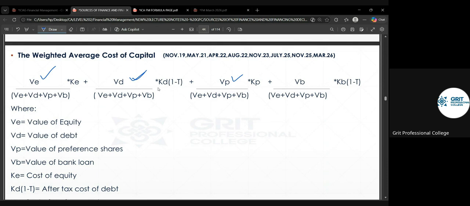Now you can see that when it comes to the cost of the bond, for example, and the cost of the bank loan that you're going to take, there's this expression 1 minus t, which tells you that for debt finance, whether it's a bond, a normal bank loan, or a debenture, whatever you call it, the cost of debt that we are looking at is the after-tax cost of debt.